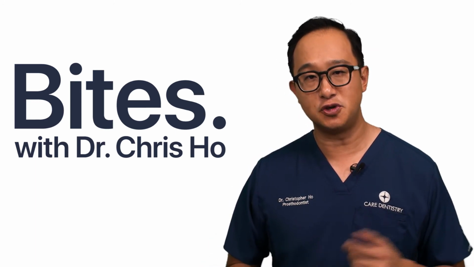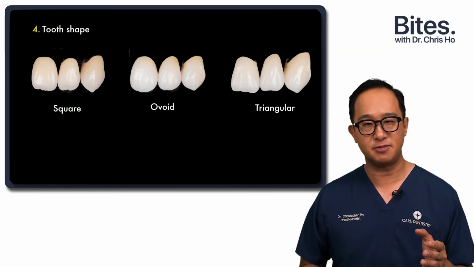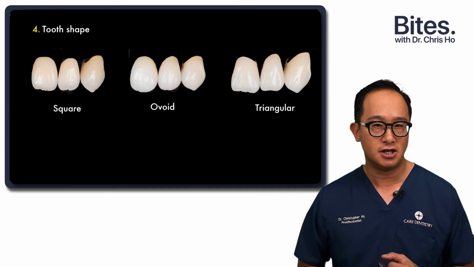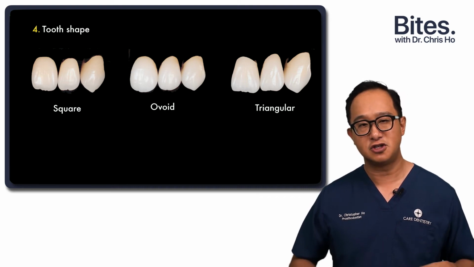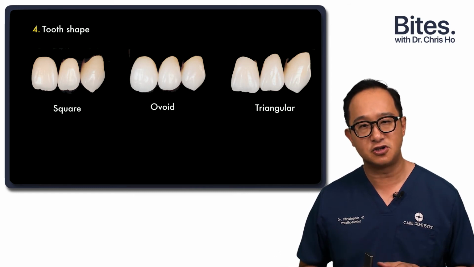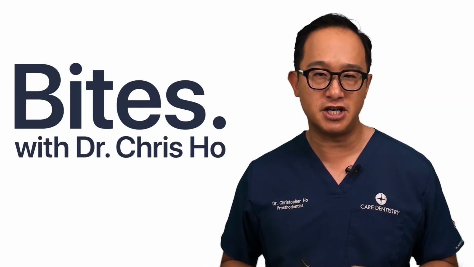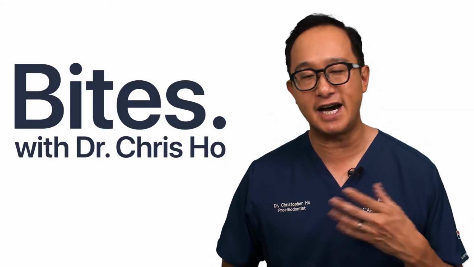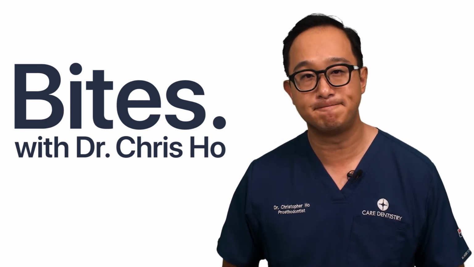The fourth is the tooth shape. Is it square tooth shape or is it triangular tooth shape? A square tooth shape is certainly a lot easier to attain better aesthetics, whereas those with triangular tooth shapes have much wider gingival embrasures, so the interdental papilla may be harder to fill in a patient with a triangular type tooth shape.